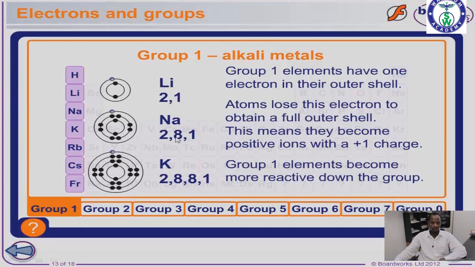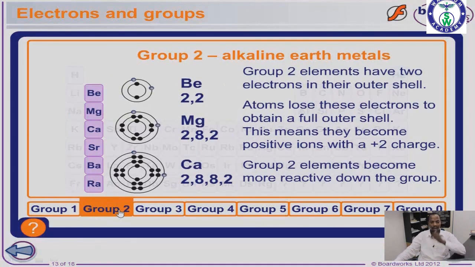They all end with 1. If you look at the electronic configuration, it will be 1, 2,1, 2,8,1, 2,8,8,1, and so on. It will continue to end with 1 because they are in group 1. This is why they are in group 1 in the periodic table.